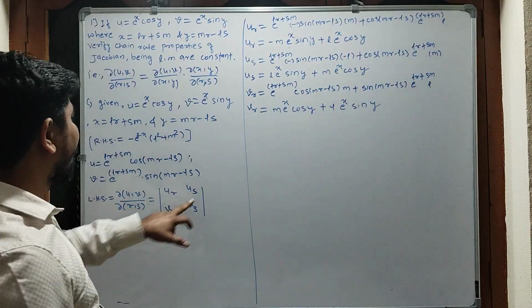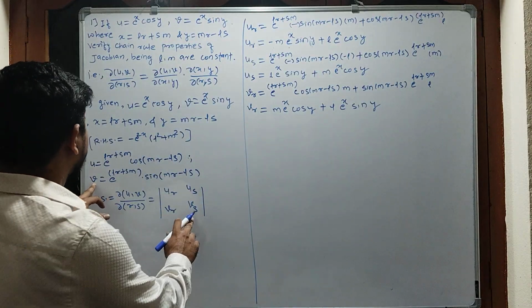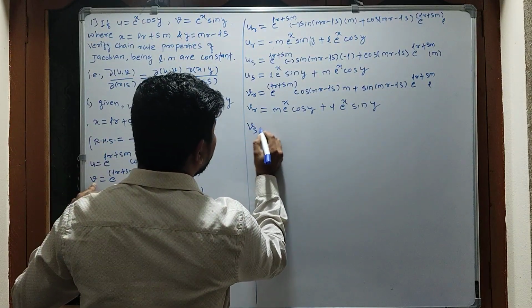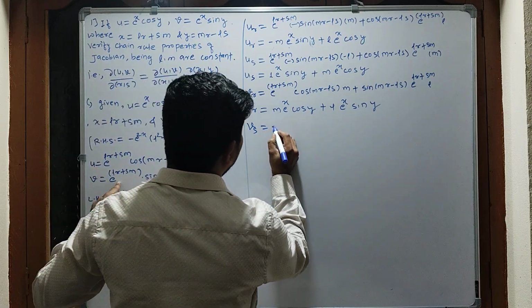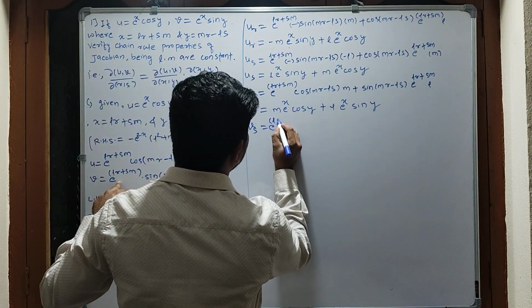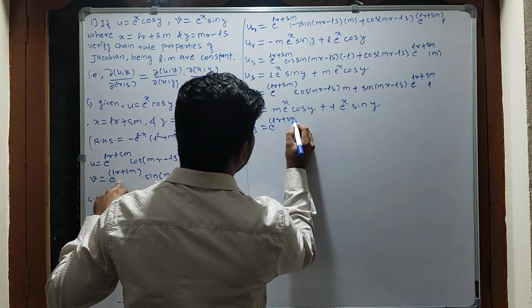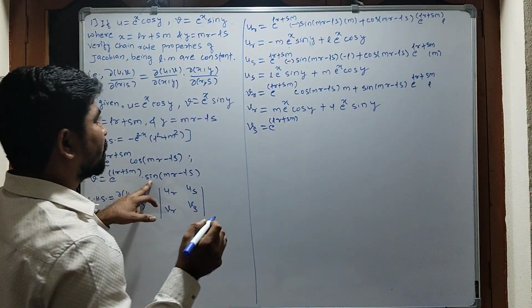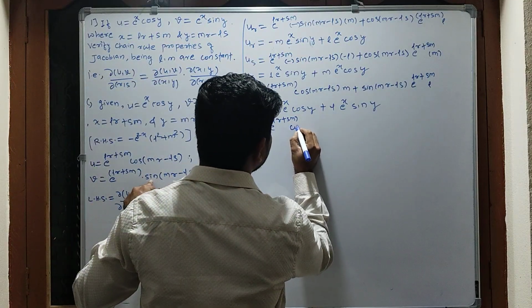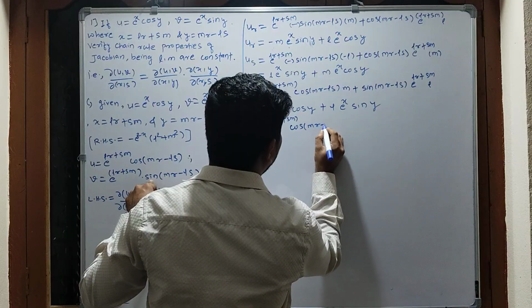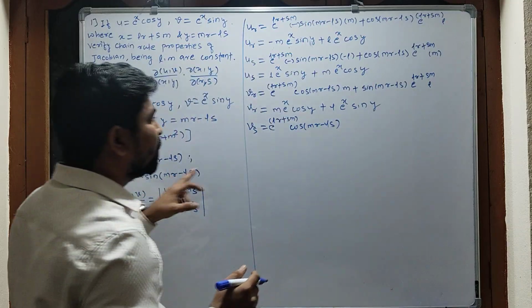Now I want to find v_s. So v_s equals, in the same way, e to the power l r plus s m into the derivative of the second, cos of (m r minus l s), this time with respect to s.